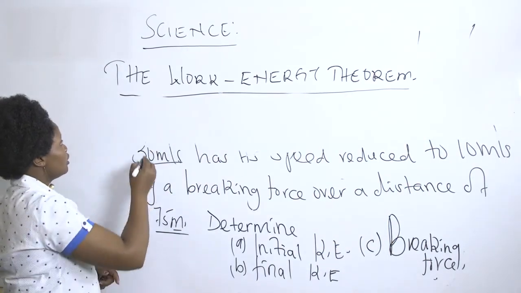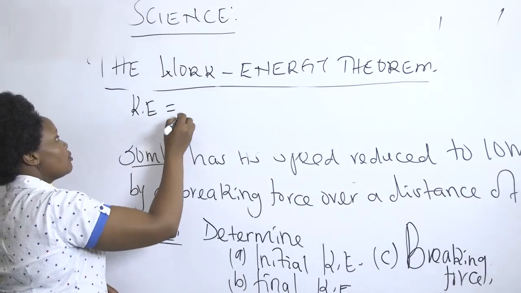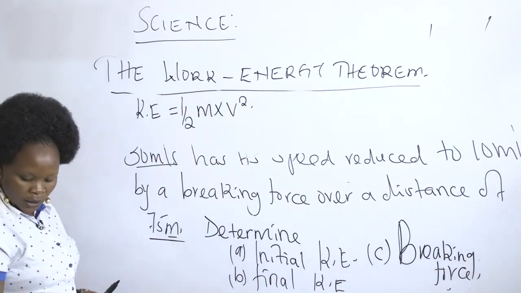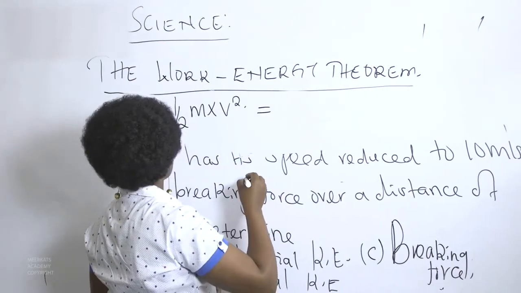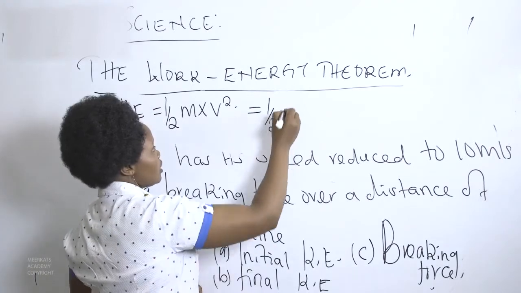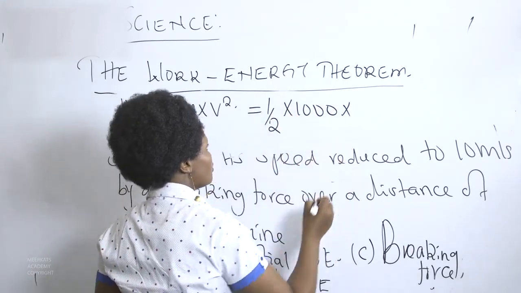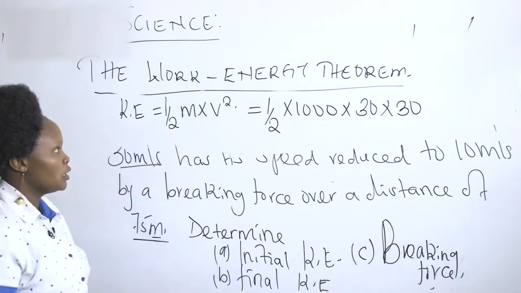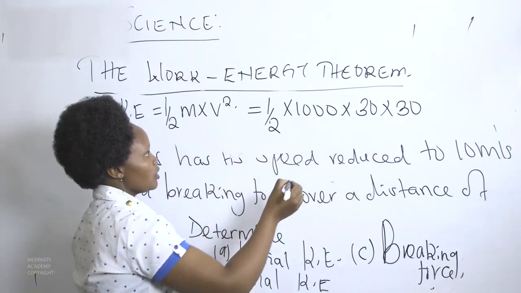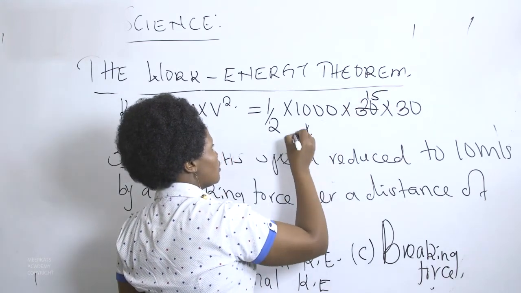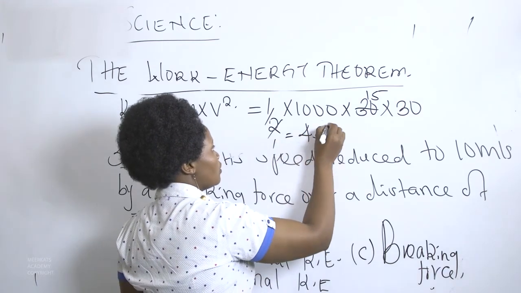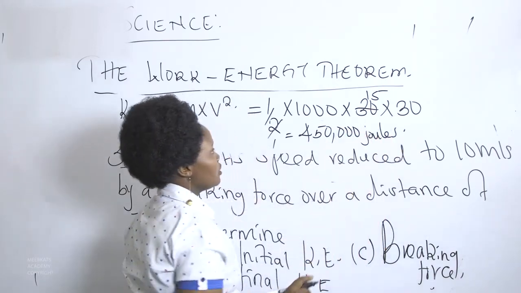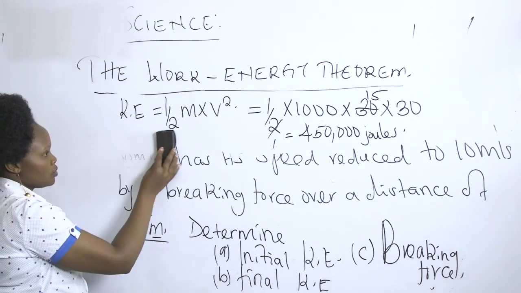From our formula, kinetic energy is given by a half mass times velocity squared, which means the initial kinetic energy was a half multiplied by 1000, multiplied by the square of the first speed, and this gives us a kinetic energy of 450,000 joules.